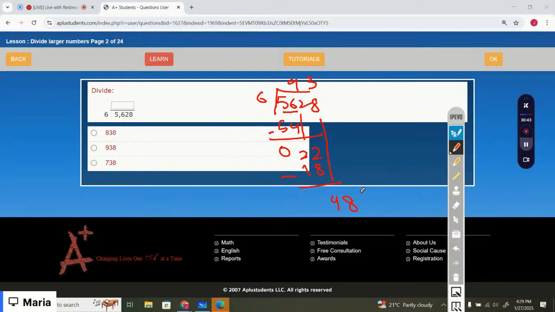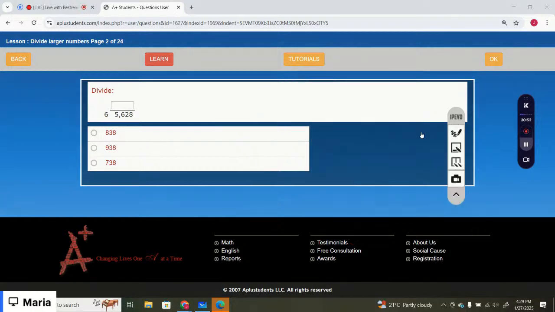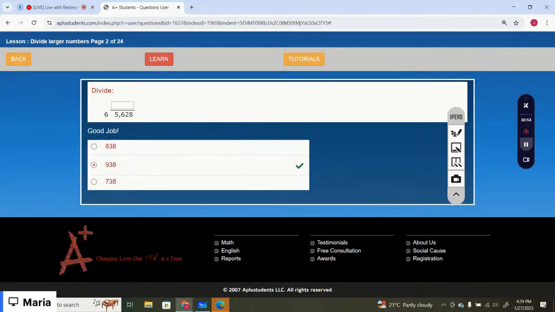Now bring the last digit down, you can go for 6 times 8 is 48. So 48 take away 48 is 0. So the correct option is 938. Option number 2 is the correct option.